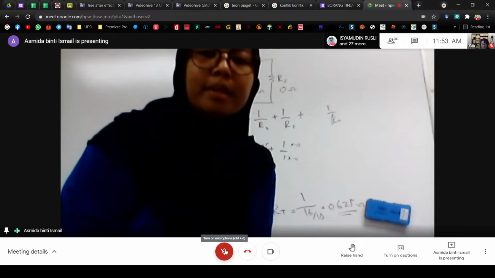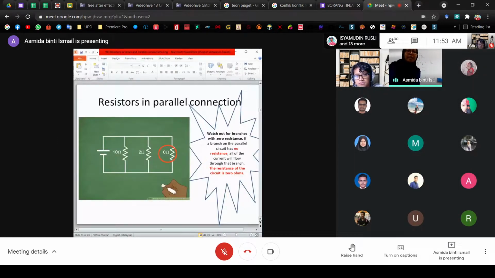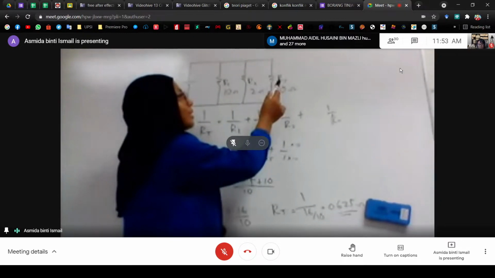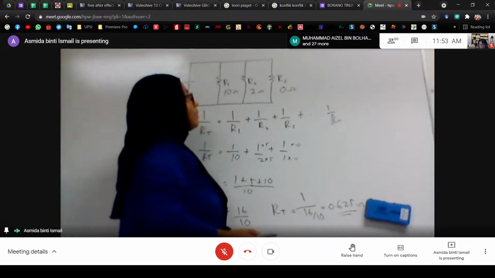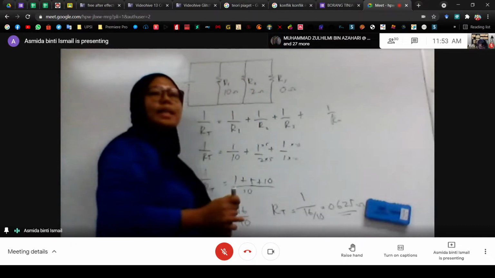If a branch on the parallel circuit has no resistance, all of the current will flow through that branch. The resistance of the circuit is 0 ohm. Okay. For this one, if the value of the resistance here is 0 ohm, so it means that this and this macam tak ada.